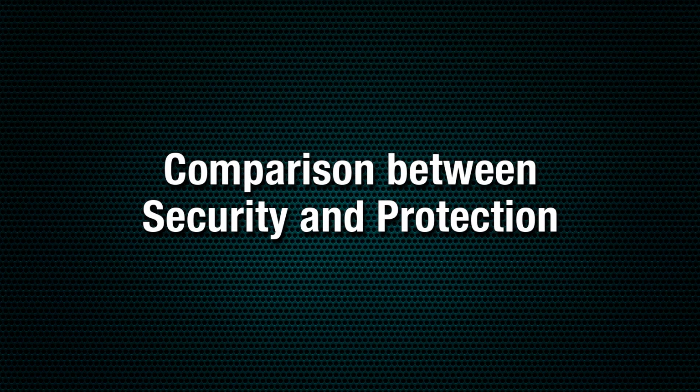Comparison between security and protection. When we consider the terms security and protection, they sound so similar, but there are many differences between them in various aspects. First of all, the major difference is that security deals with external information threats and protection deals with the threats that can happen from internal issues.